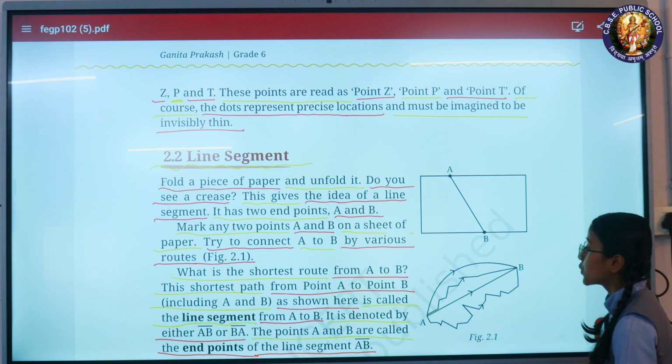What is the shortest route from A to B? This shortest path from point A to point B, including A and B, as shown here, is called the line segment from A to B. It is denoted by either line segment AB or line segment BA.